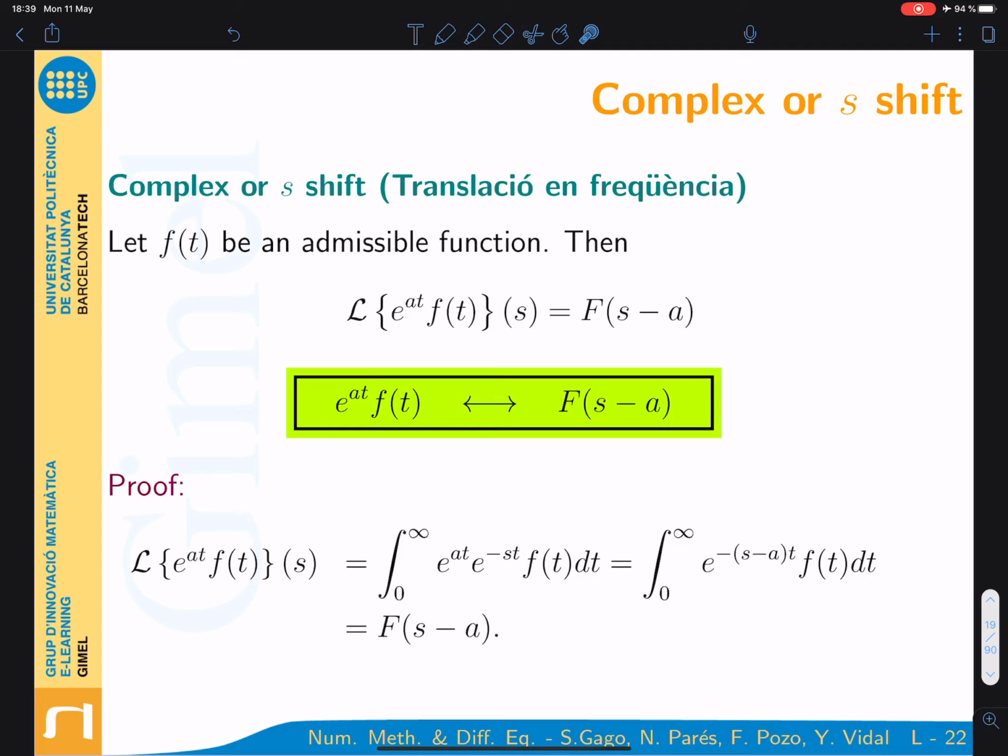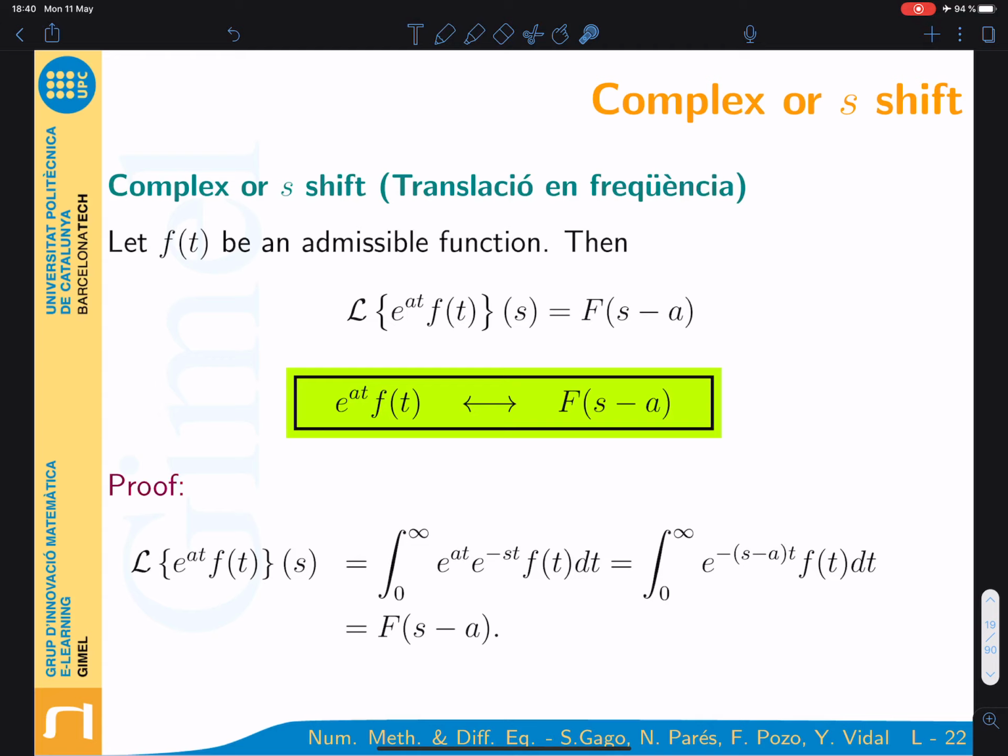So this property is very easy to prove. We will just use the definition of the Laplace transform, and we will plug this function that we want to compute its Laplace transform here, okay? And this will be multiplied by the exponential of minus st. And arranging terms, we will get this thing.